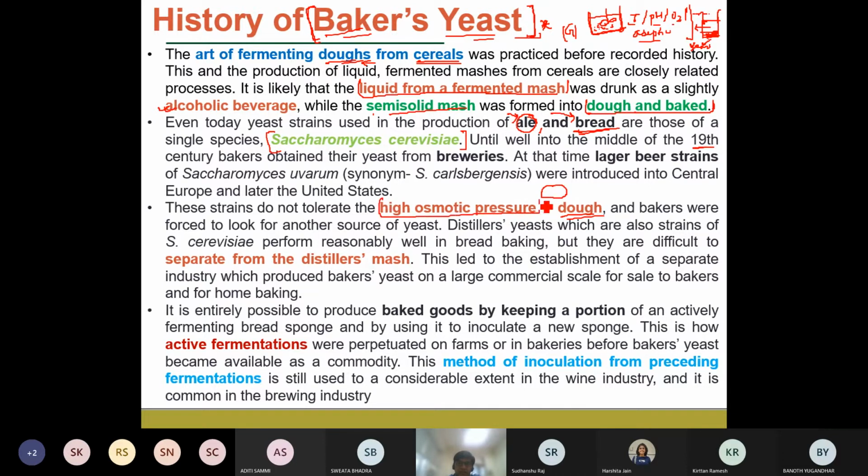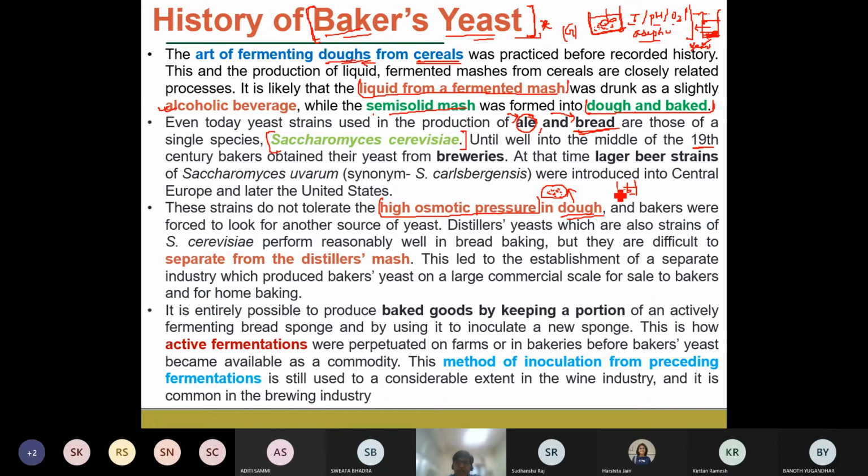Why? Because if you compare a fermentation process in which you grow microorganisms in a liquid culture with one in which you grow them in a dough or a semi-solid structure, what is happening?